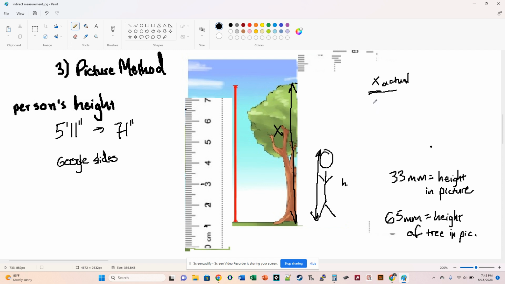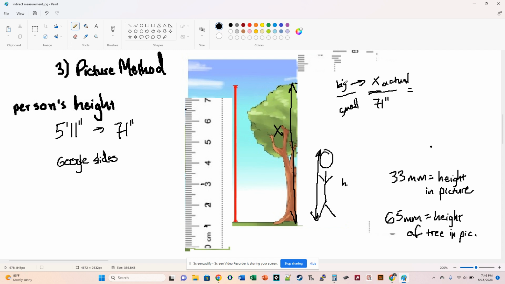My actual height is 71 inches. This will get the tree's measurement in inches. Now for millimeters here, I need to start from the same object. In this case, I'm starting from the big object. The small object is me.